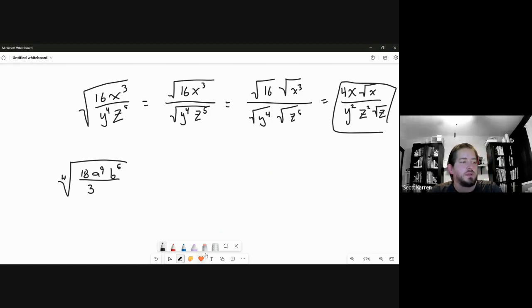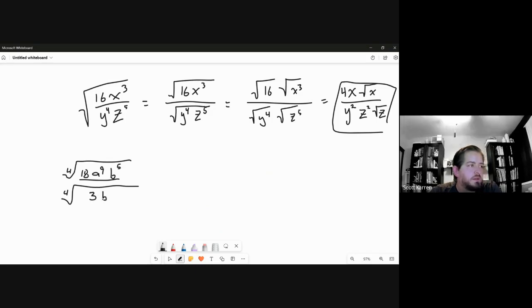Oh, I'm sorry. Let's back this train up just 1 second. Apologize. This was written as the 4th root up top over the 4th root in the denominator of 3b.